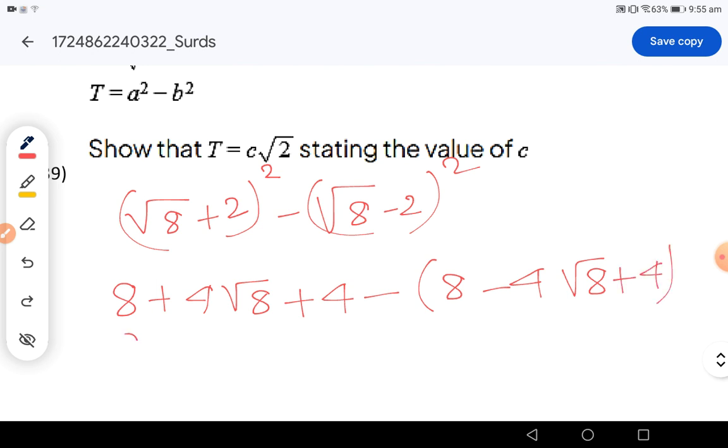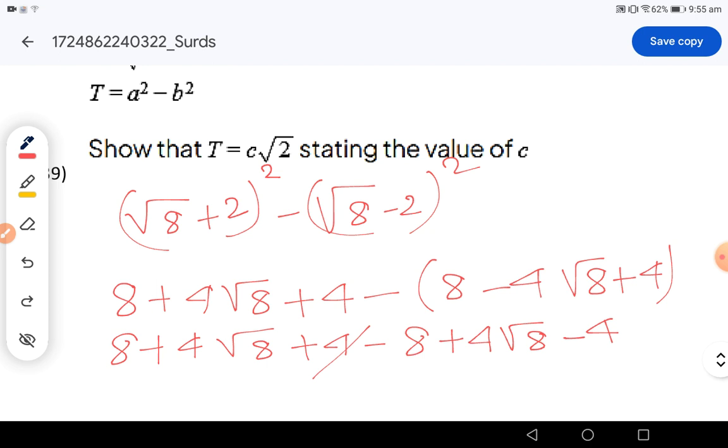So 8 plus 4 root 8 plus 4, minus 8, this one will be plus 4 root 8, and this one will be minus 4. So 4 plus 4 cancel. 8 is plus and 8 is minus, cancel.